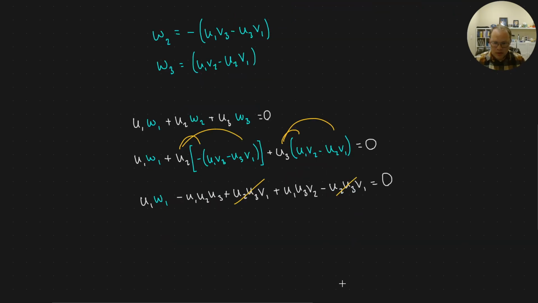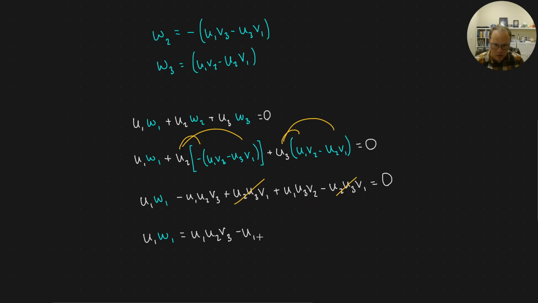Okay, I have U1 W1, and I'm going to move the other two terms to the other side. So I'm going to move this over, so I get U1 U2 U3. Sorry, that should be V3. And move this over to the other side of the equation.